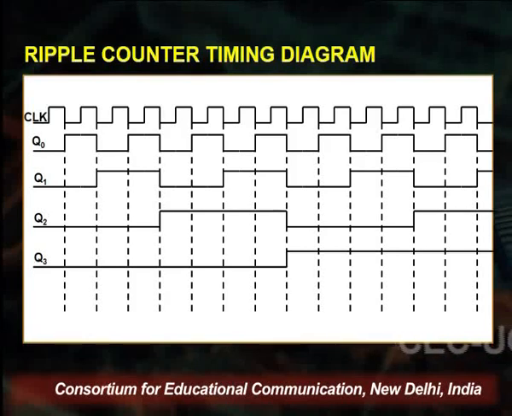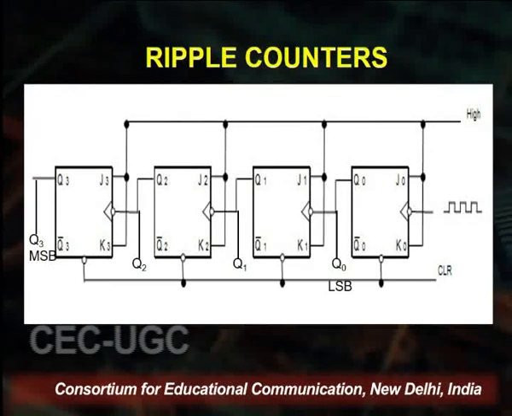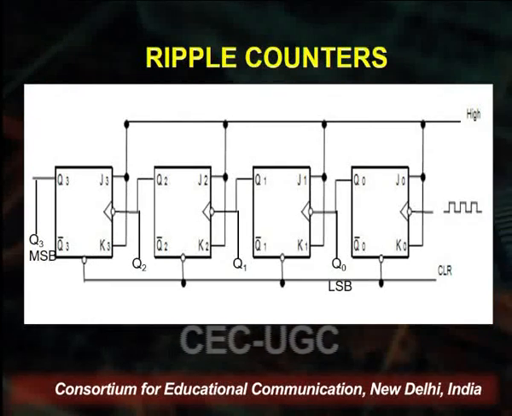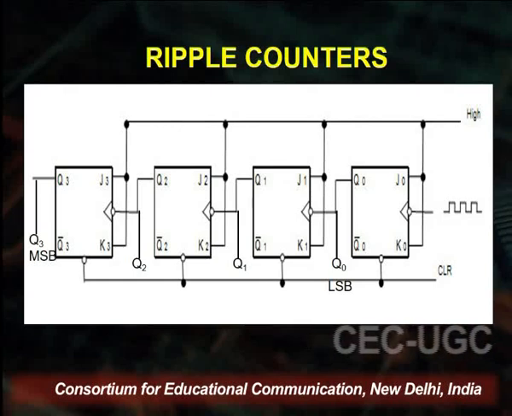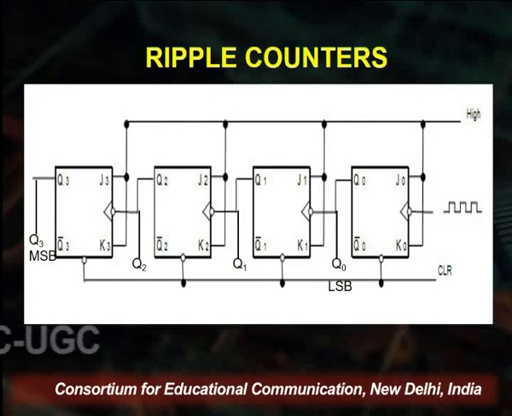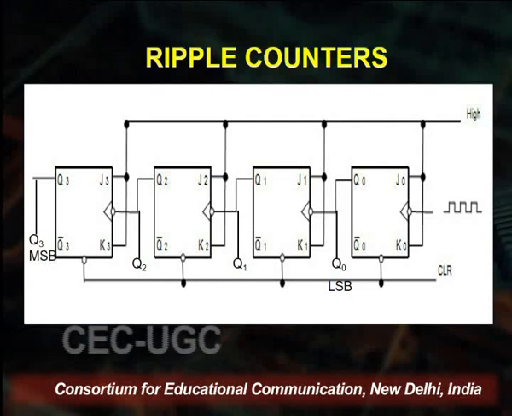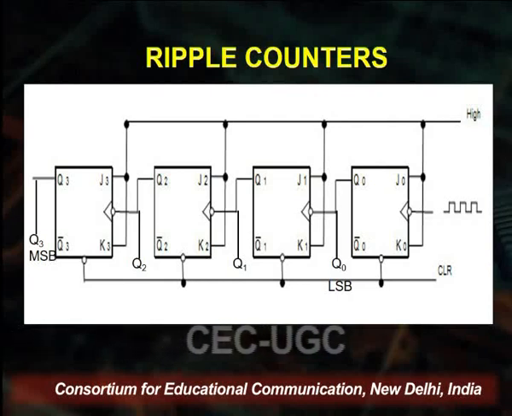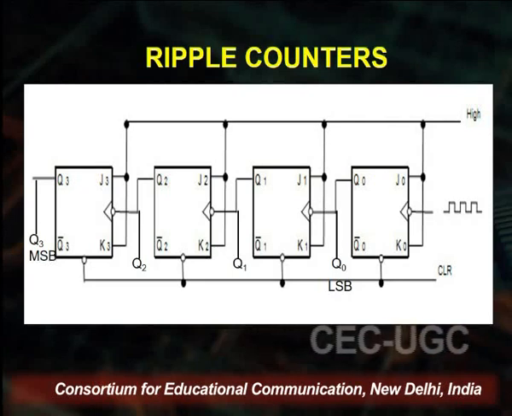In this way, this ripple counter is configured to count from 4 zeros to 4 ones. It is important to note that in this case it is an up counter, that is, it counts from 0 0 0 0 to 1 1 1 1.